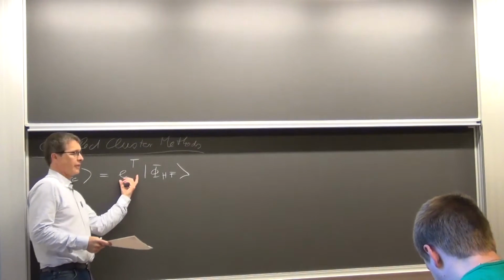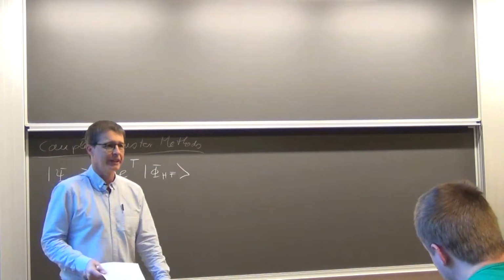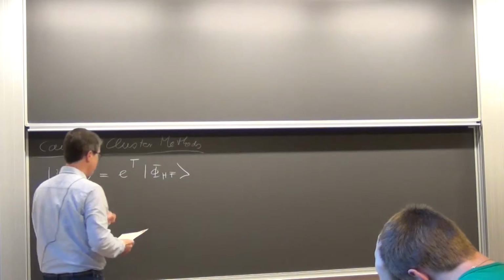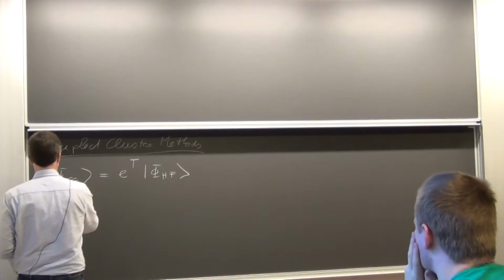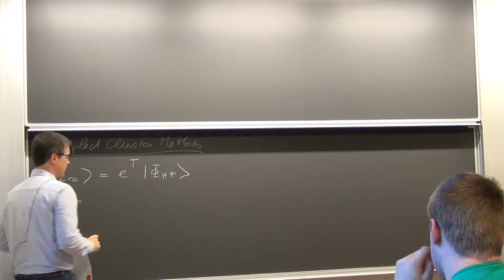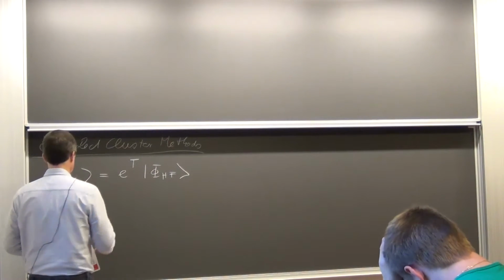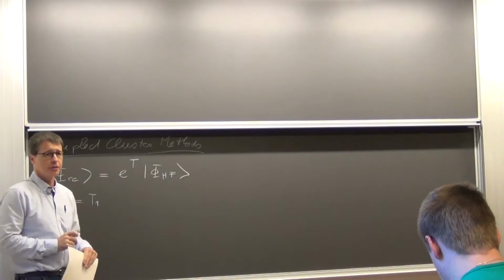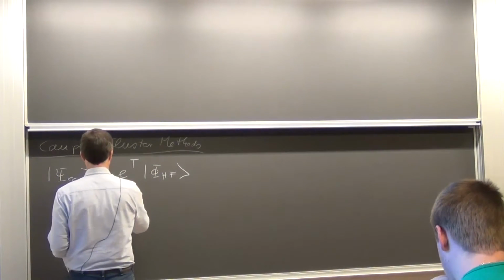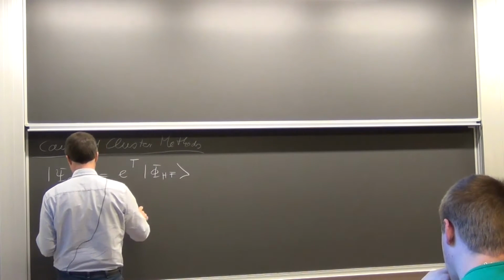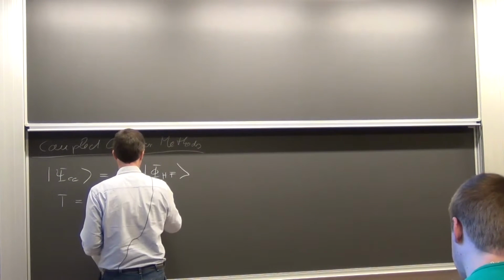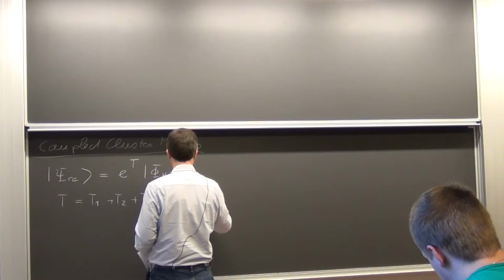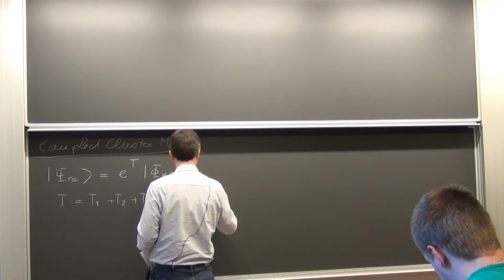It's a bit unusual to have an exponential operator. And then the next question is, what is this T? Well, T is a sum of other operators. It's the sum of all single excitation operators, all double excitation operators, all triple excitation operators, up to the number of electrons.